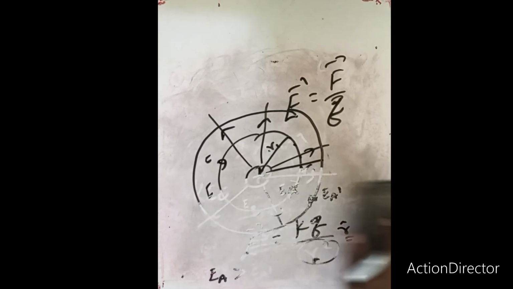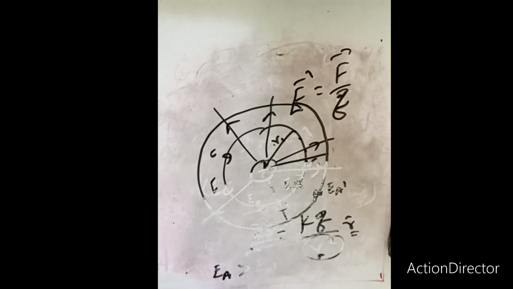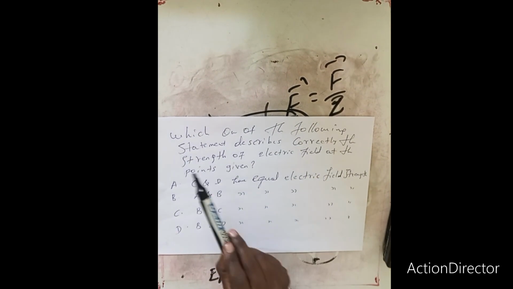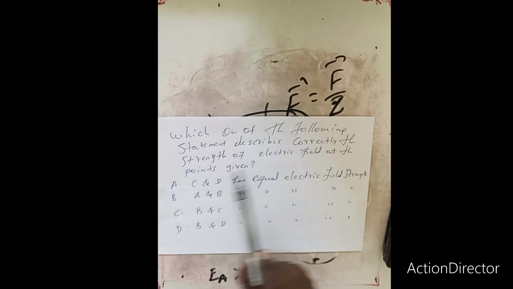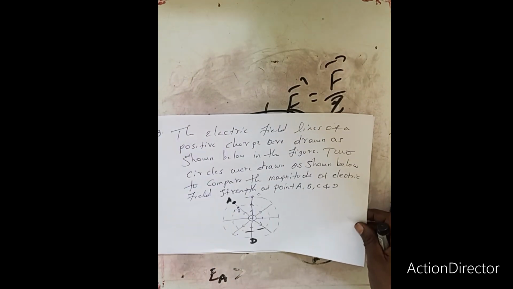Okay, so let's see what the question said. The question is, which one of the following statements describes correctly the strength of the electric field at the points given? C and D have equal electric field. Let's see the question first.